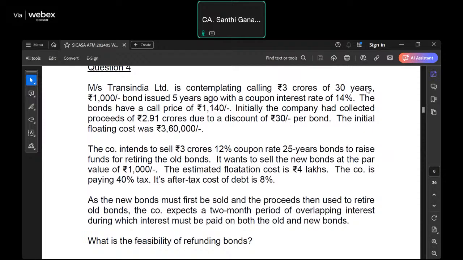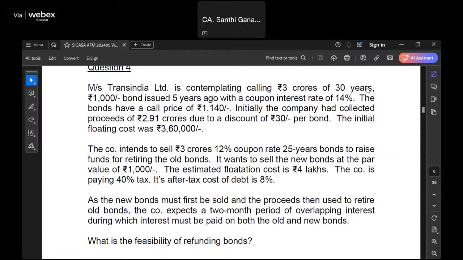They allow the issuer to alter the tenor of the bond by redeeming it prior to the original maturity date.